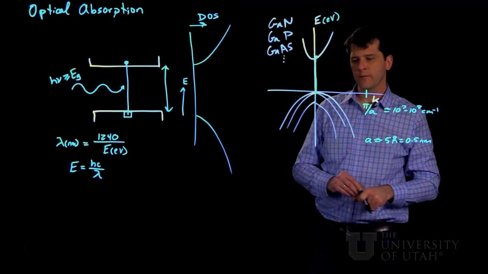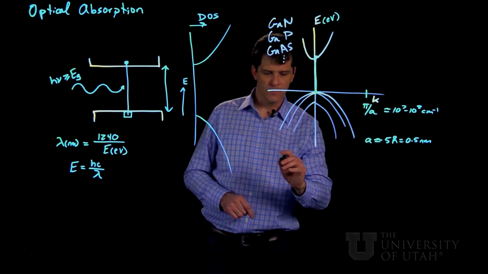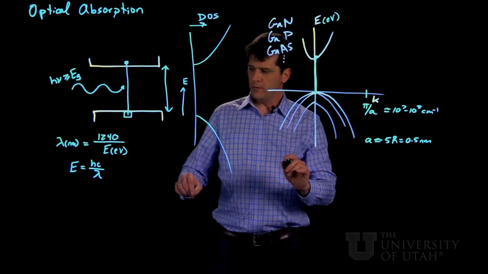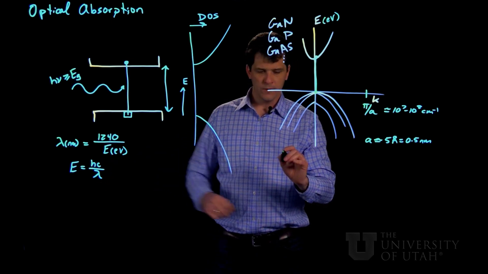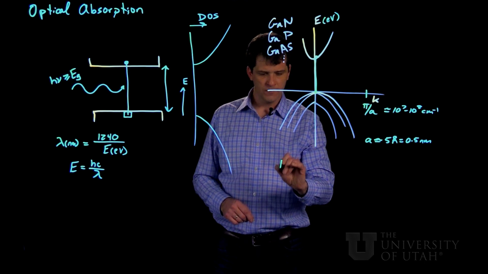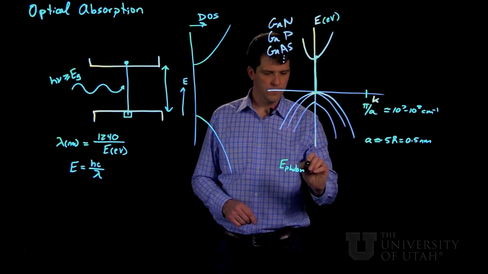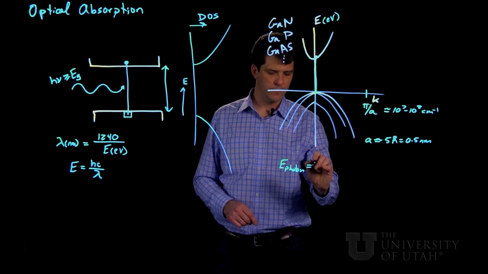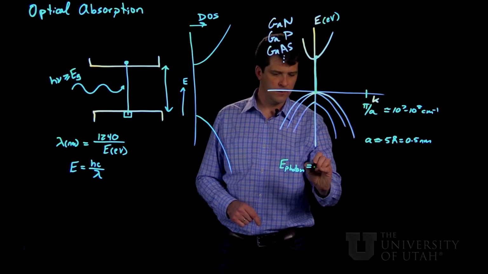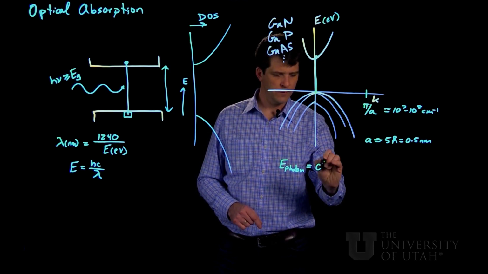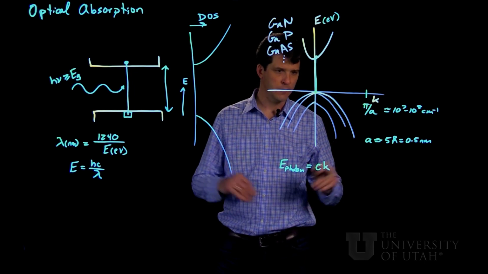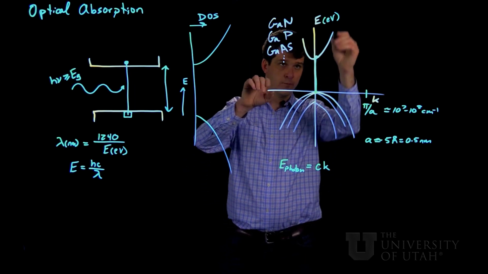Now let's look at a photon. If we write this slightly differently, we can find that for a photon, the relationship between the k vector and the energy is just c times k, so it's a linear dispersion instead of parabolic dispersion like this one.